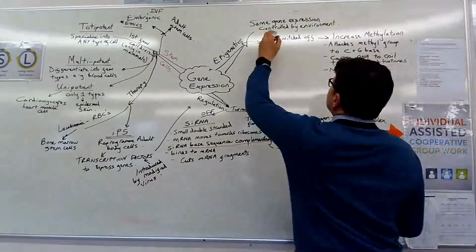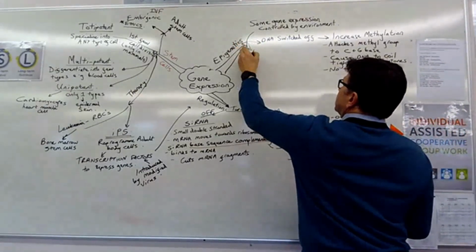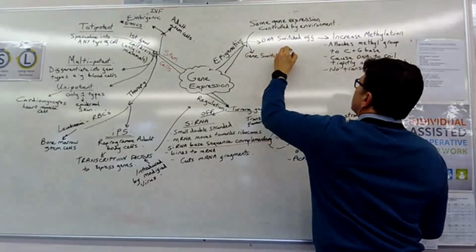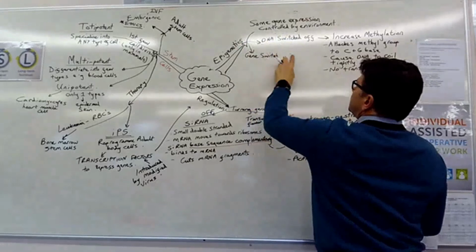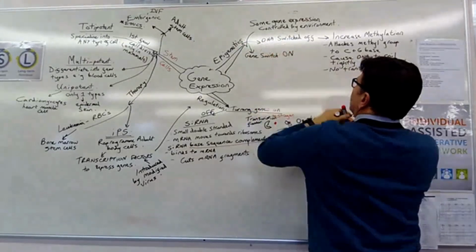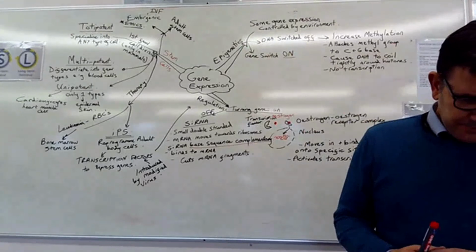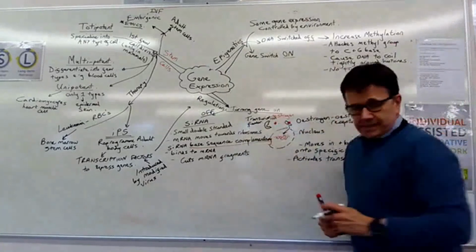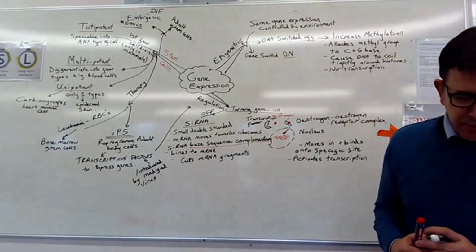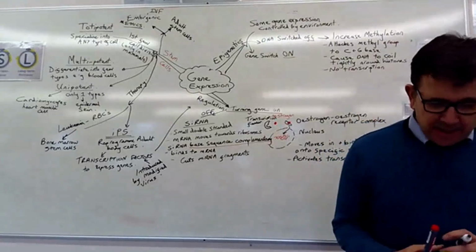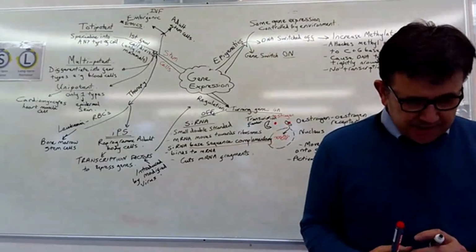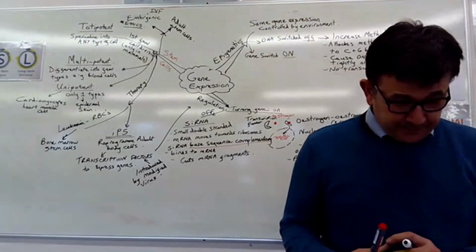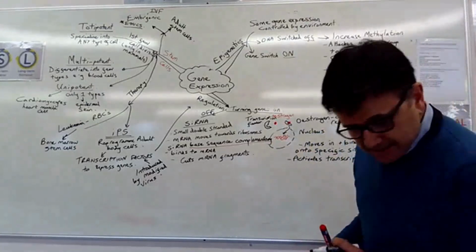Switching genes back on is acetylation. So you've got histones that are proteins, and then acetylation occurs. So the addition of an acetyl group makes the chromatin less condensed.